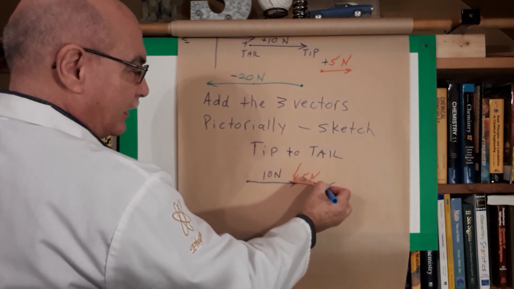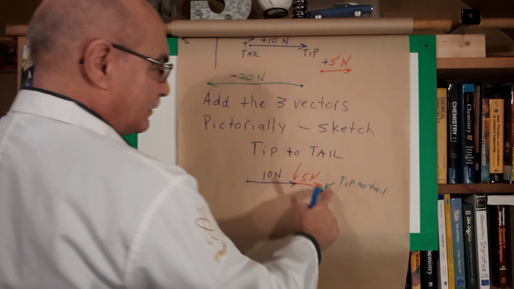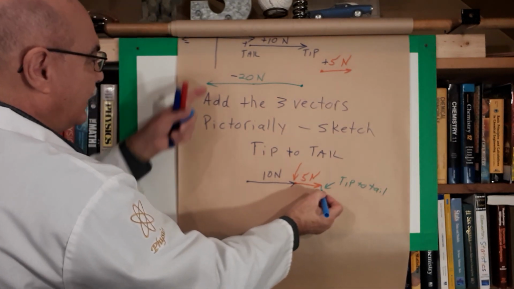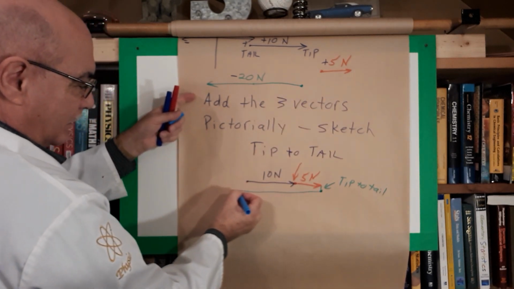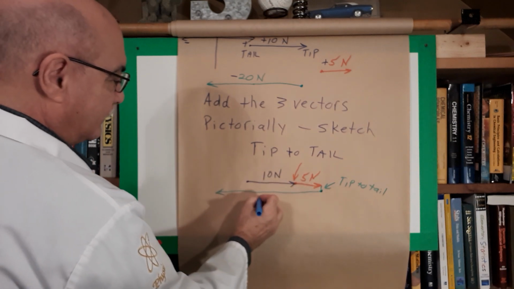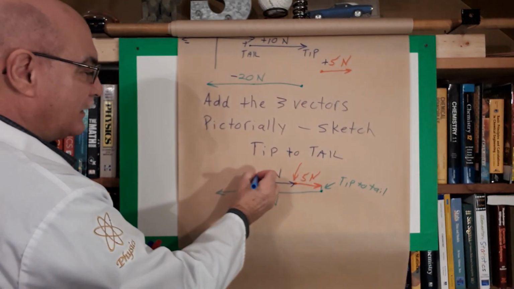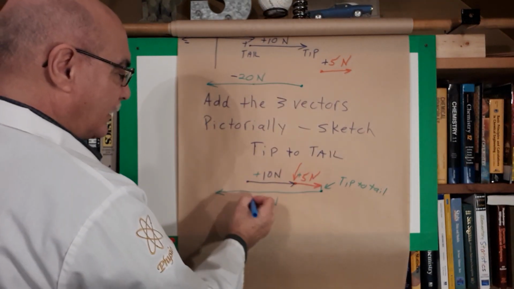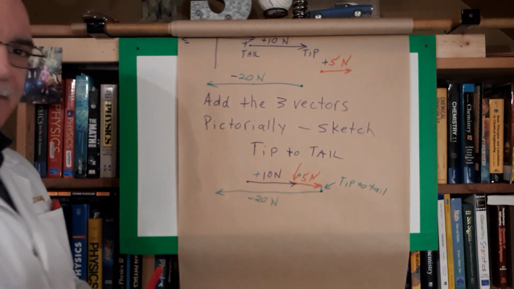Here's my tip to tail connection, and the vector is going to my left, a value of 20 newtons. Something like this, about that big, in the opposite direction. So this one is plus 10, plus 5, minus 20 newtons, and they're all connected tip to tail.